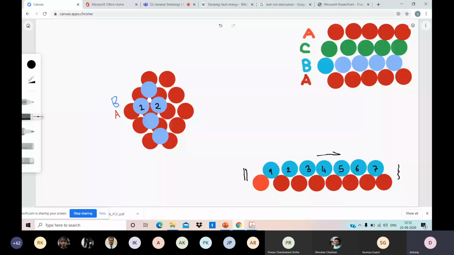What kind of atom arrangement am I showing here? Can you tell? What is the phenomenon happening?